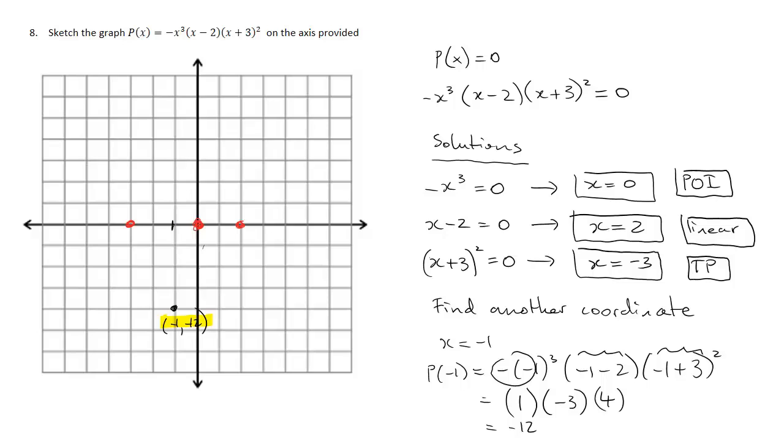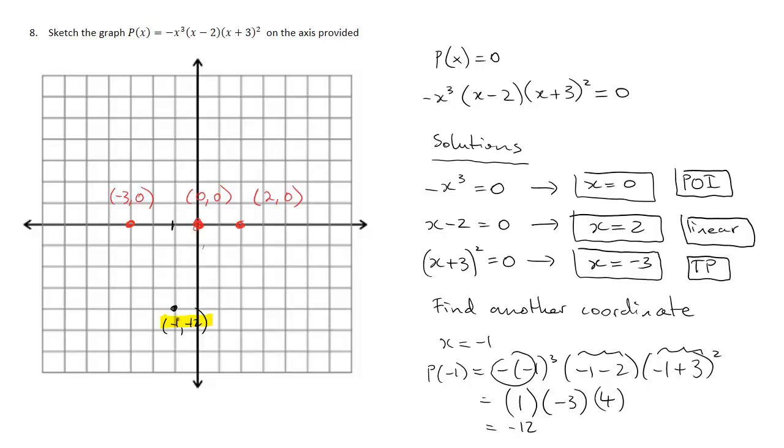Okay, so now we can just connect all of these points. If we look back at our solutions, we know that at x equals -3, we have a turning point. So -3 and 0 here is 0, 0. And this point here is 2 and 0. So that's a linear factor.